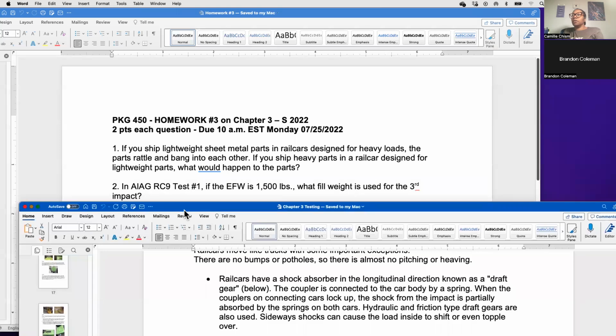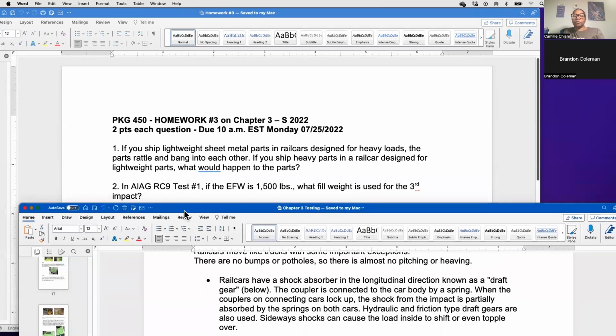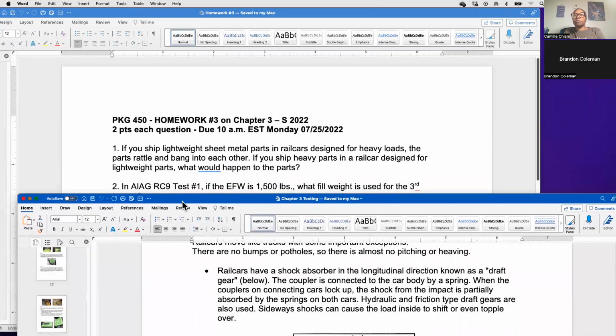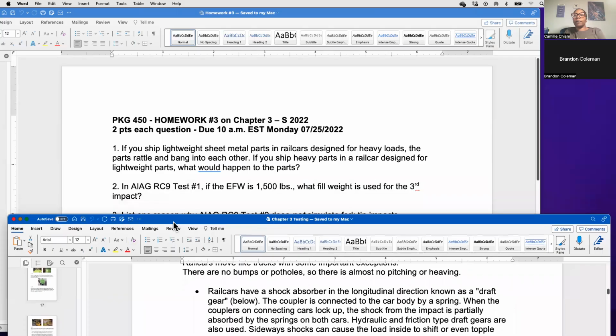And then you need to know what those different impacts are. So you can figure out the first impact, and then you have your second impact, and then your third one. So you'll need to do a calculation and figure that out. If you have any questions on that, let me know. But number 2 is the calculation. Please show your work on that one.